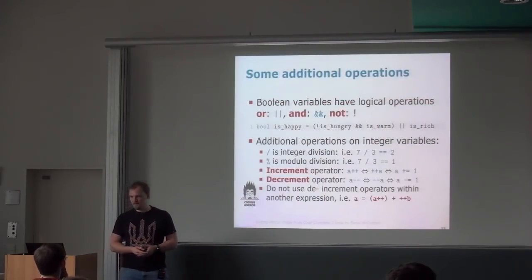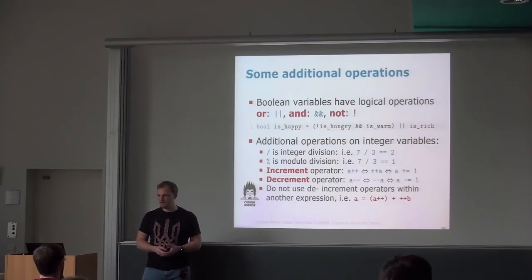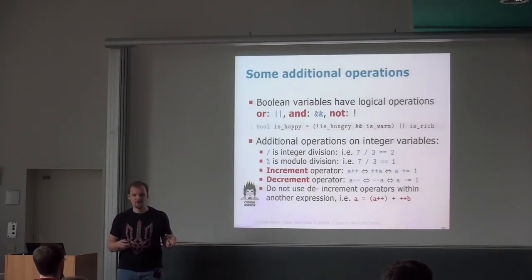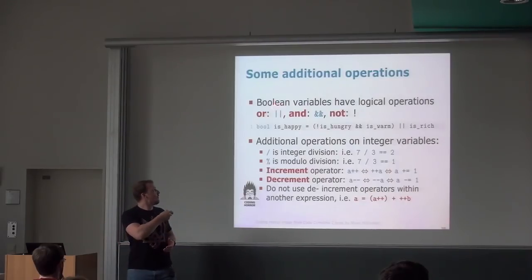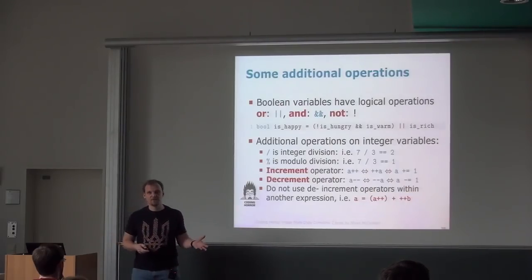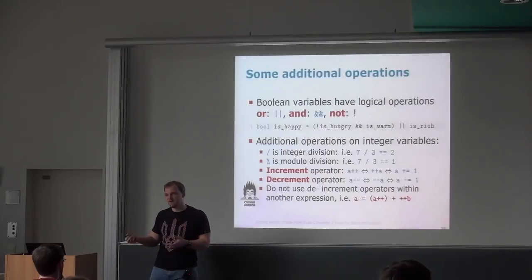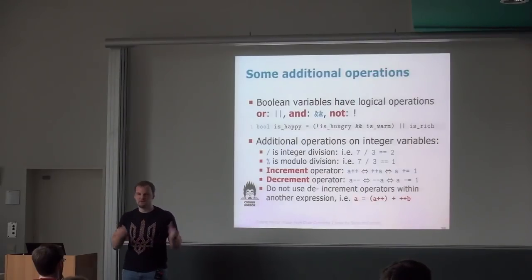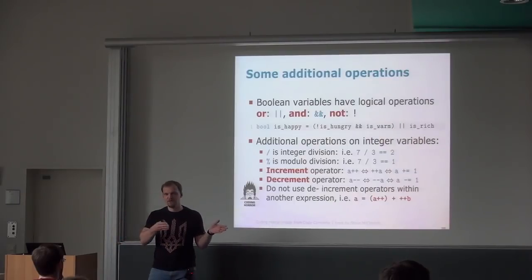Okay, there are some additional operations. For Boolean, you can do or, and, bitwise or, or negation. Or is just typical Boolean magic, the way it works all the time. If you have a false and a true, it's going to be a false.